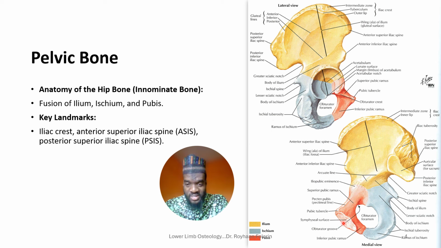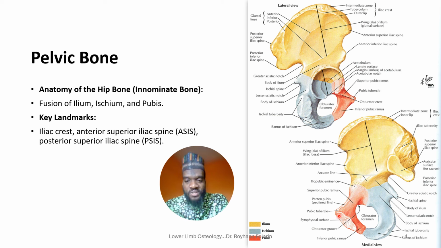So there is a cartilage that joins the right pubis with the left pubis. We'll see the complete skeleton again in subsequent slides. So this is known as the pubic symphysis.